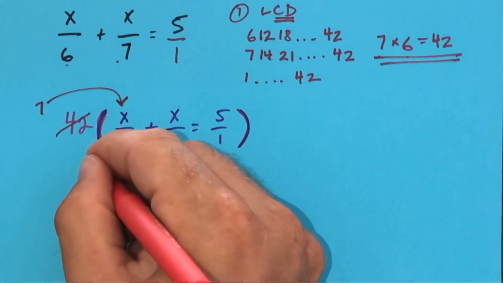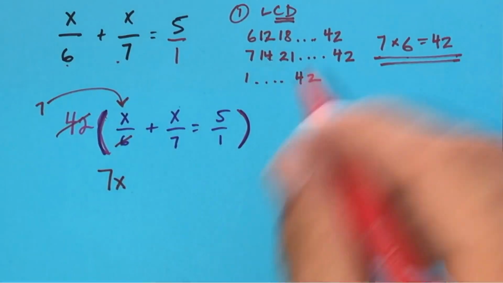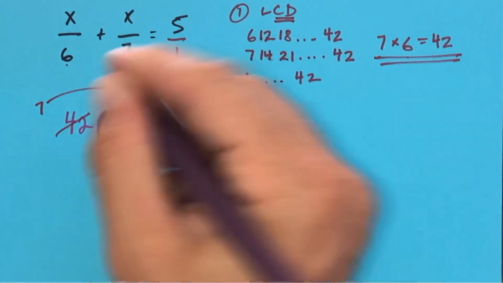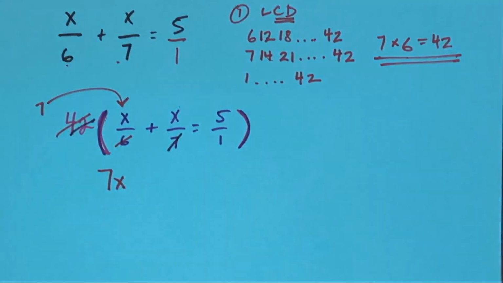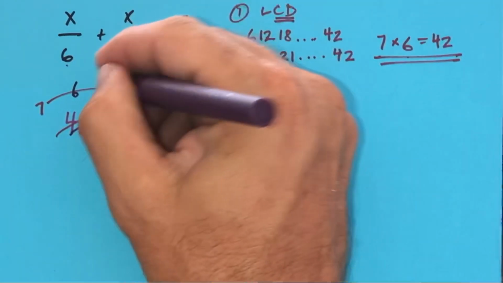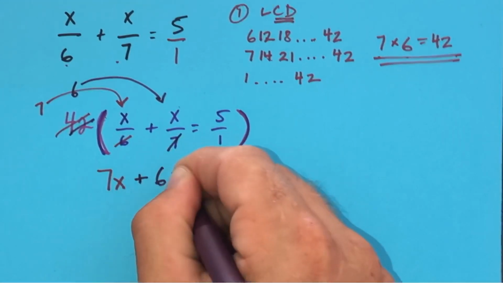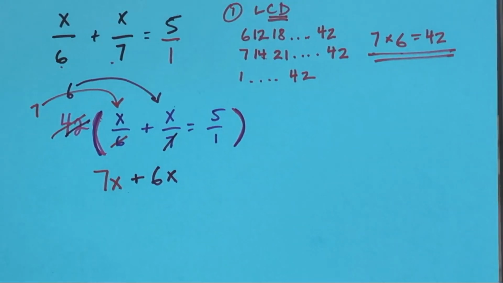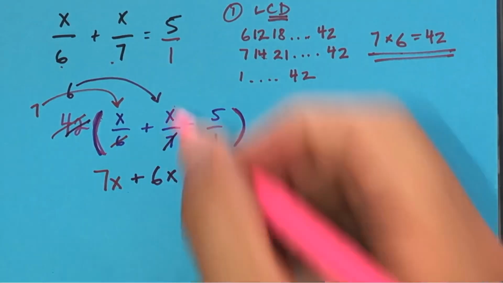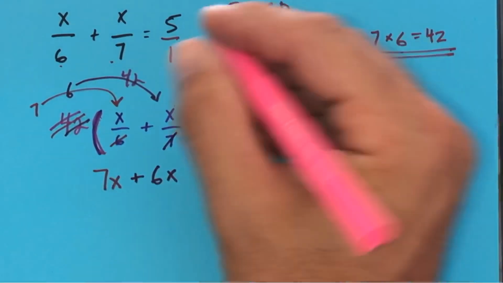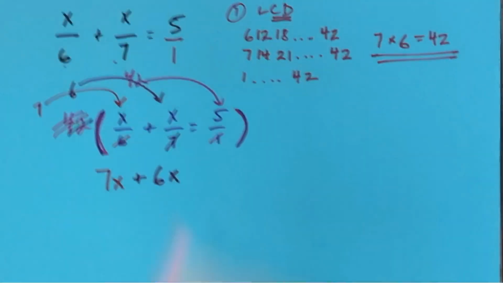So the 7 is going to distribute to the x plus 6. And then 7 goes into the 42 6 times. So that's going to multiply into the x plus 7. And then I have the 1 going into 42 times, which is going to go into the 5.